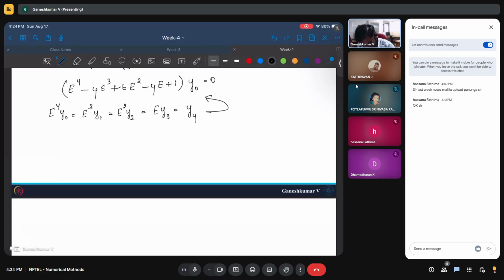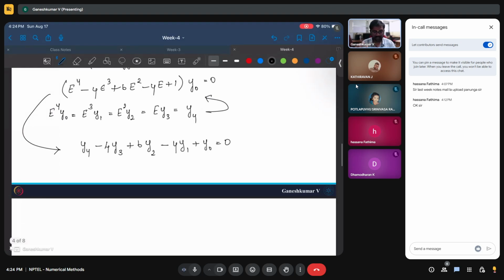So if I do this, e^4 y0 is y4, then similarly 4e^3 is going to be y3, plus 6e^2 y0 is going to be y2, minus 4y1 plus y0 equal to 0.